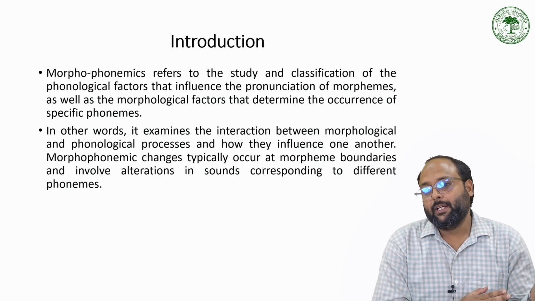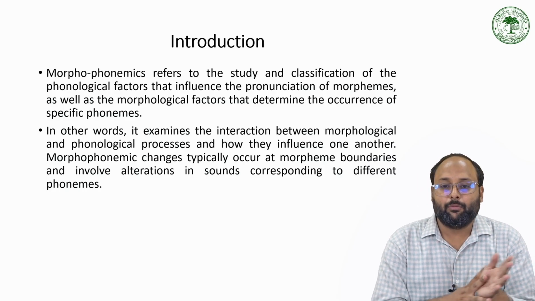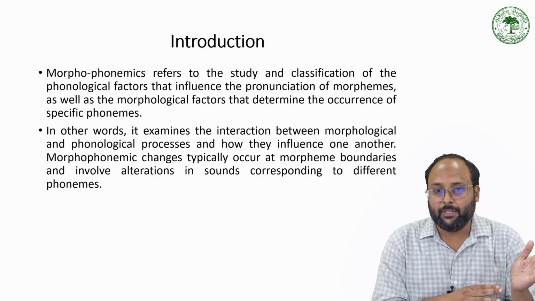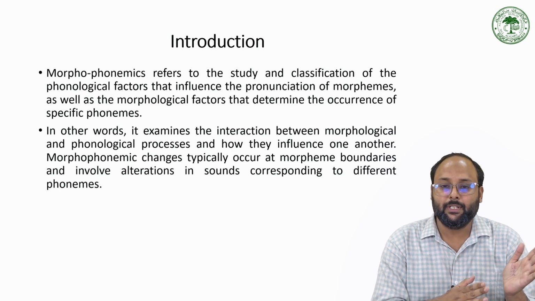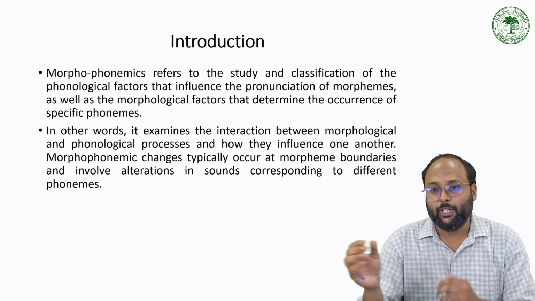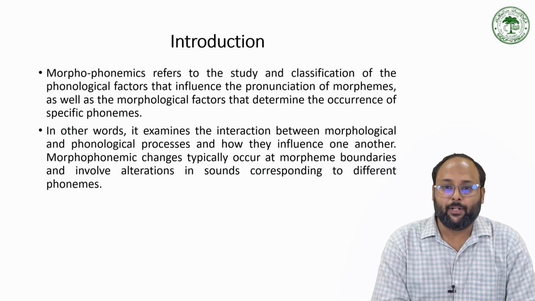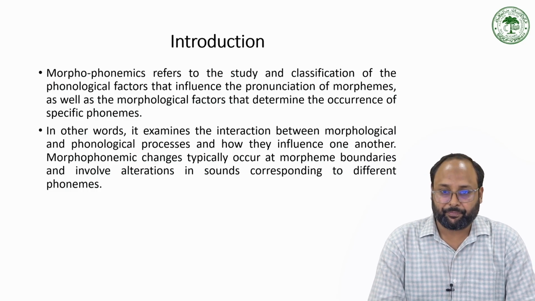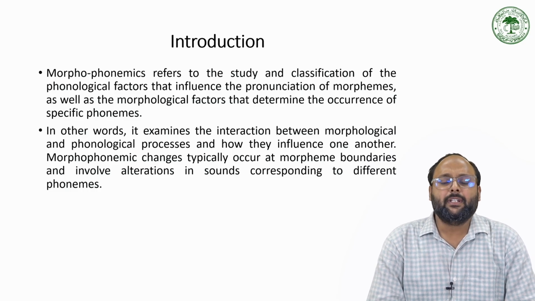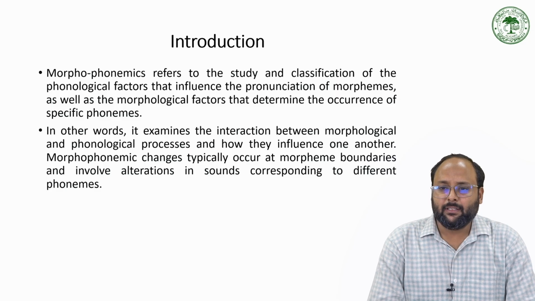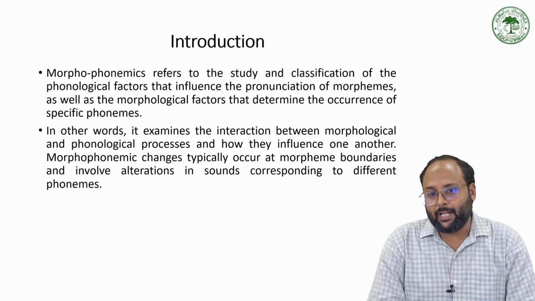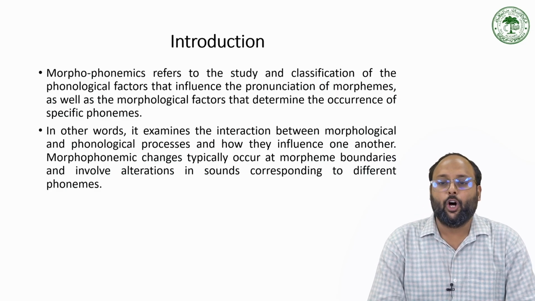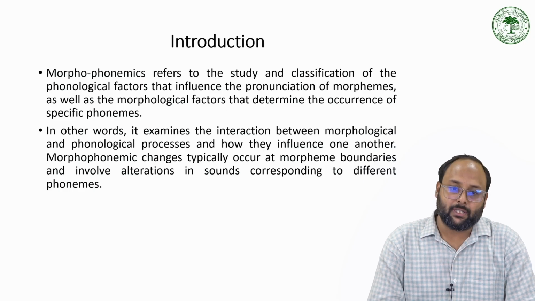Sometimes the phoneme occurs at the preceding position, and sometimes at the following position. So the morpheme has that kind of influence. In other words, it examines the interaction between the morphological and phonological processes and how they influence each other.